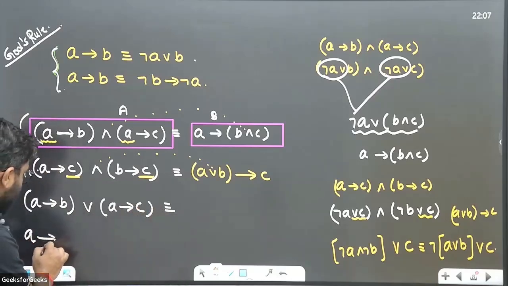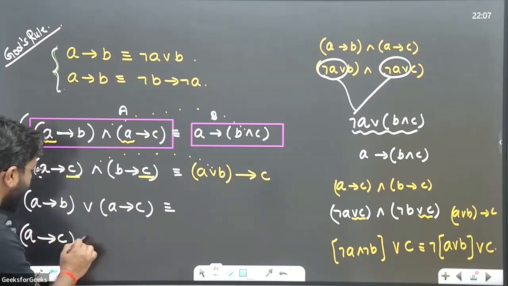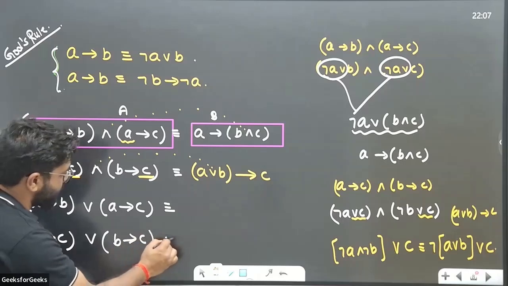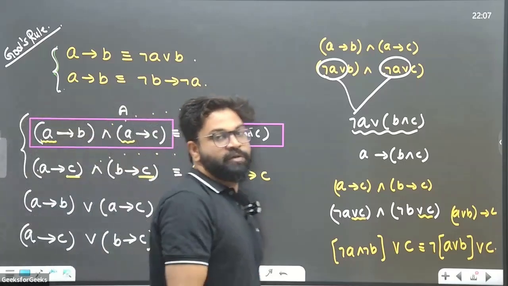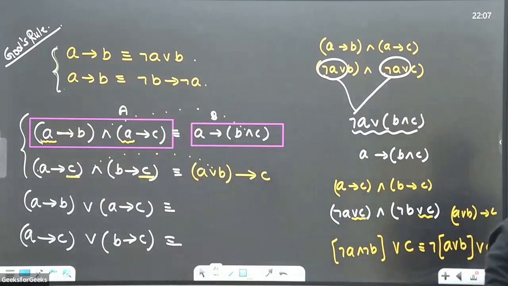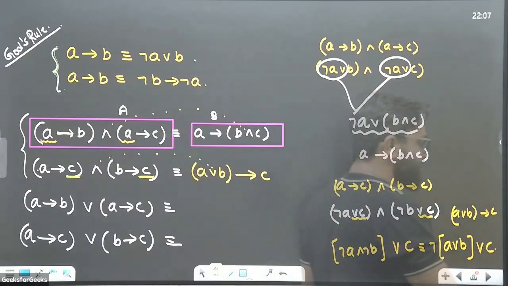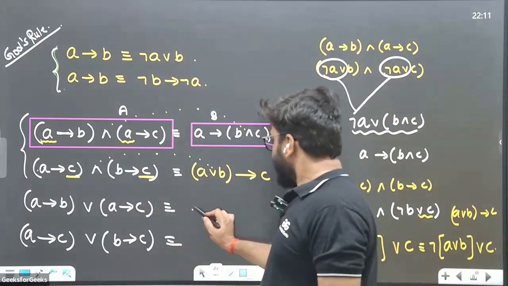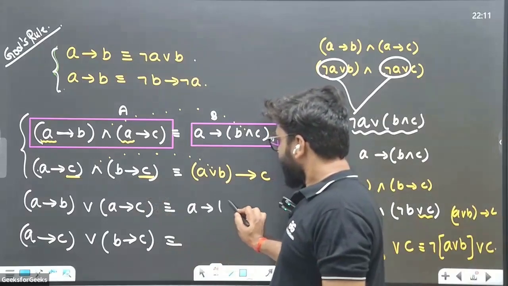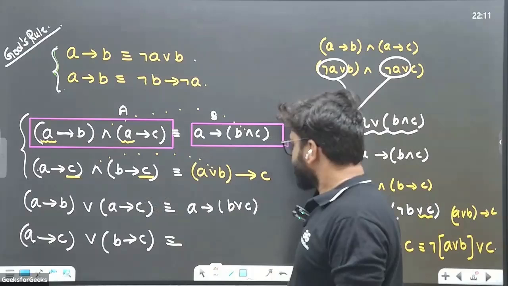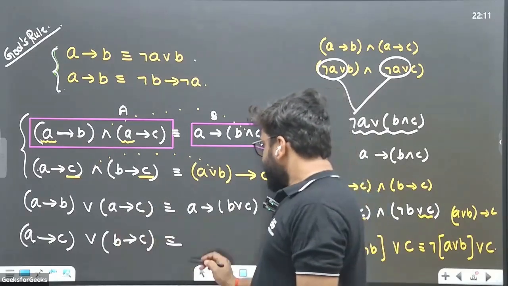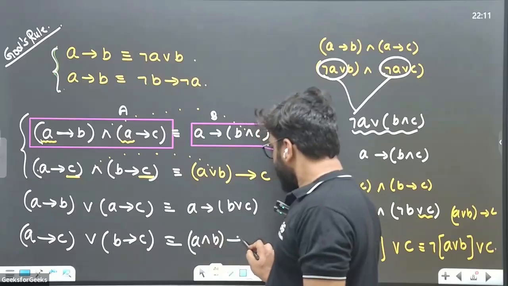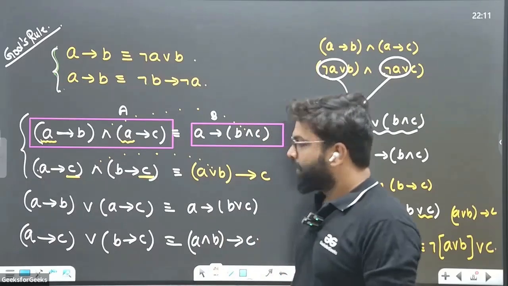And then again, A implies C or B implies C. What should be the answer related to this? You tell me and try to solve this. So the answer for this one, what are you getting? Left side is same, operator will not change. Right side is same, operator will change. I hope everybody got the same answer. Right?